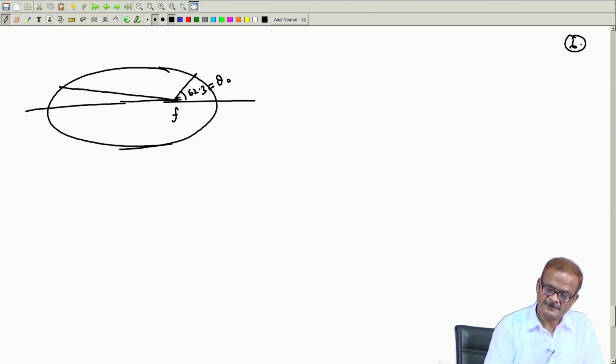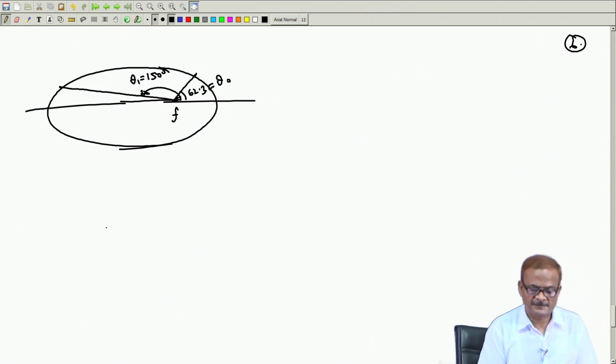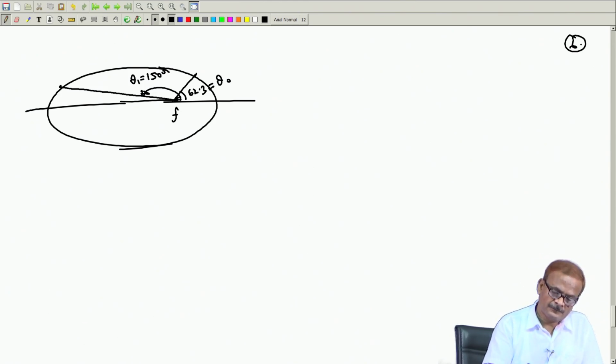So, it is going from this place to this place, this is theta 1 equal to 150 degrees, at which time the orbit is to be increased to a value of a by r equal to 3.6. Here the velocity vector is tangent to the ellipse, this is the velocity vector.